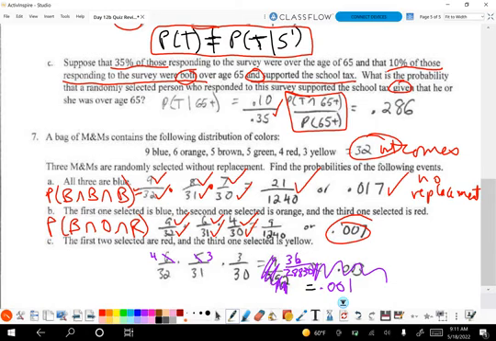Last one, the first 2 selected are red and the third one is yellow. Only the red changes from the first to the second pick. So I started with 4 red M&Ms, and then by the time I ate that first one, for the second pick, there were only 3 red M&Ms. For our third pick, there are 3 yellows. I didn't eat any yellow M&Ms, so I'm picking with a possibility of 3 yellow M&Ms on the third pick.